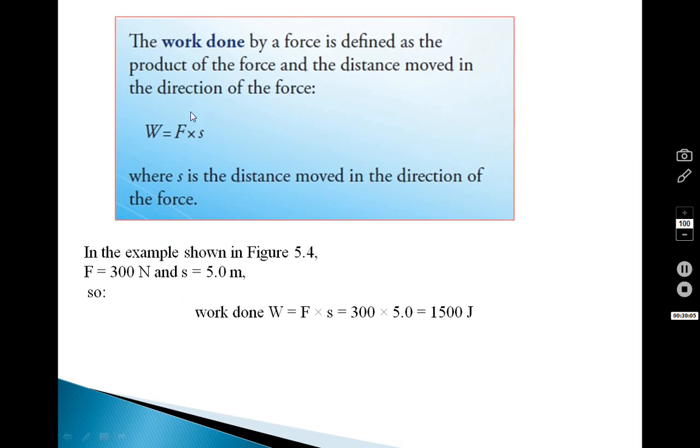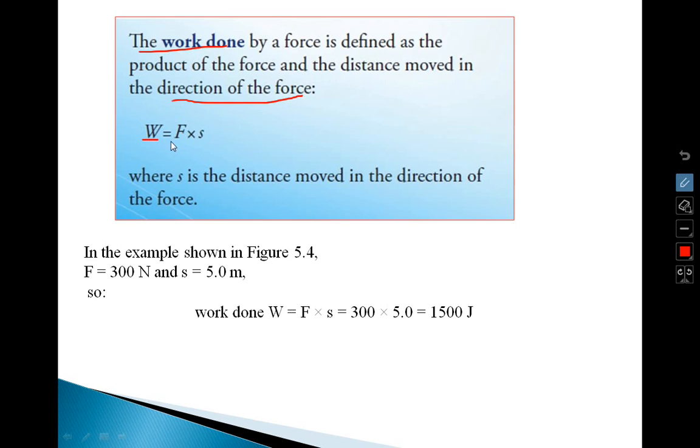Okay, now we will go to work done. Here we need a formula to calculate the work done. The work done by any force is defined as the product of the force and the distance moved in the direction of the force.